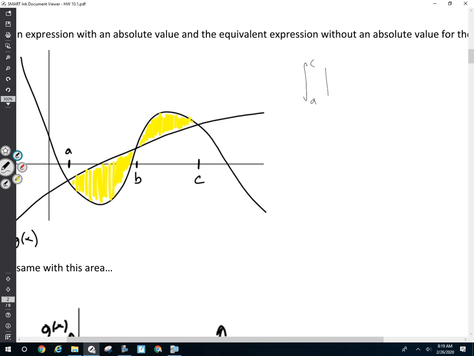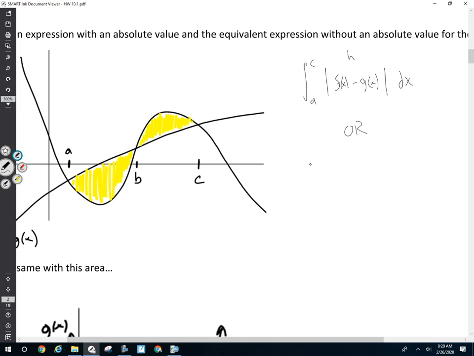So no matter if you plug in f first or g first, when you subtract the two, you'll either get a positive or a negative, but the absolute value makes it a positive. That'll make this a positive height. And then you multiply by your width. So you can go all the way from A to C, and you'll have negative heights and then positive heights, but the absolute value will make it positive.